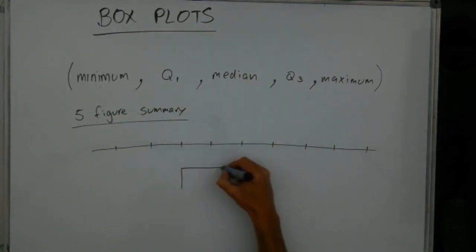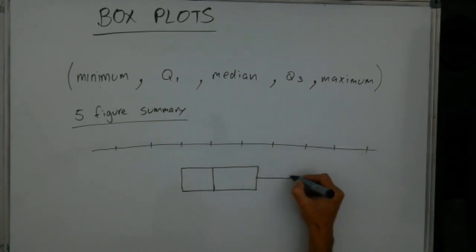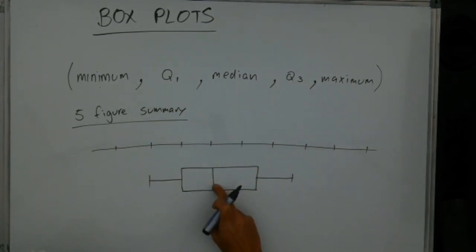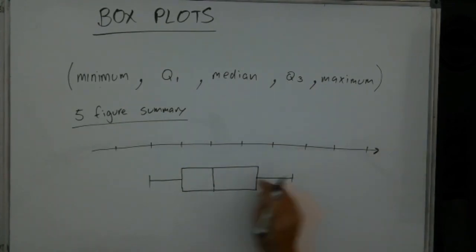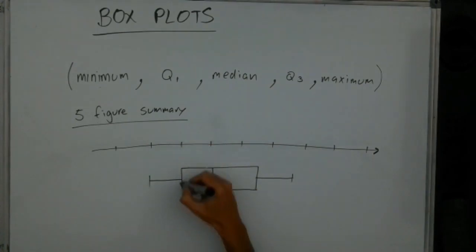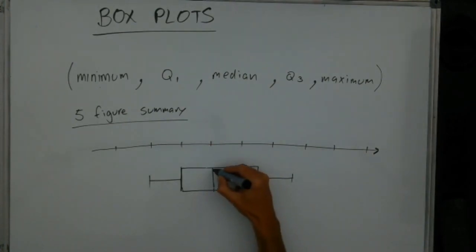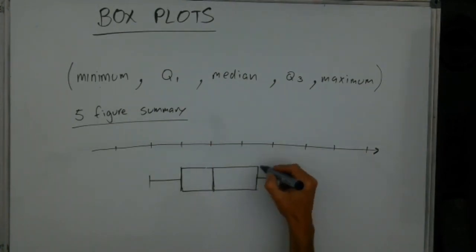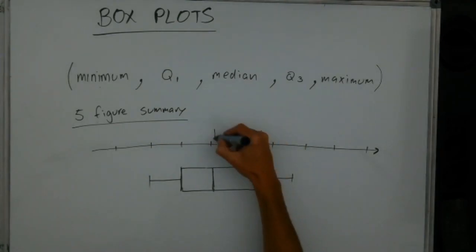So a box plot looks something like that. I haven't assigned any values, but it is important that we map these ends and that line to values on the scale.